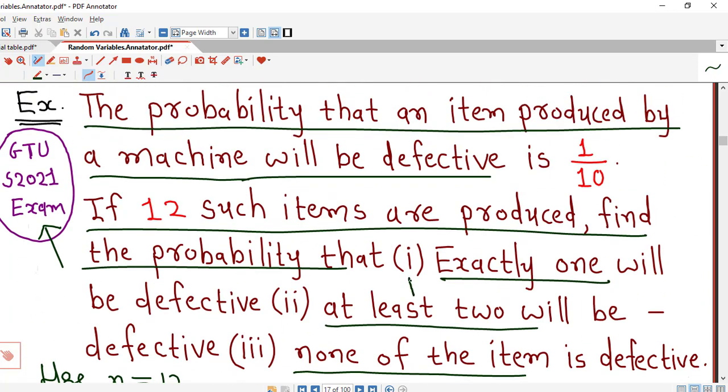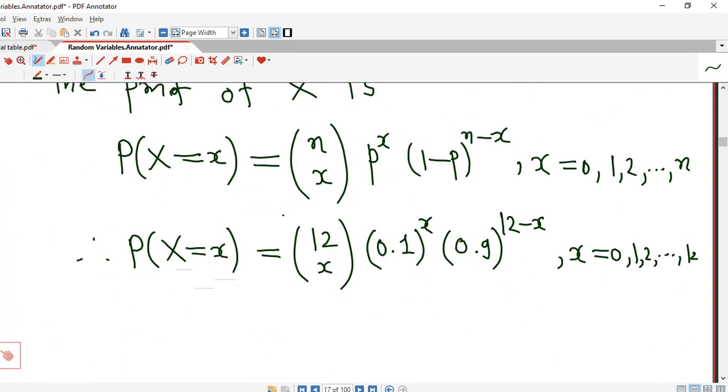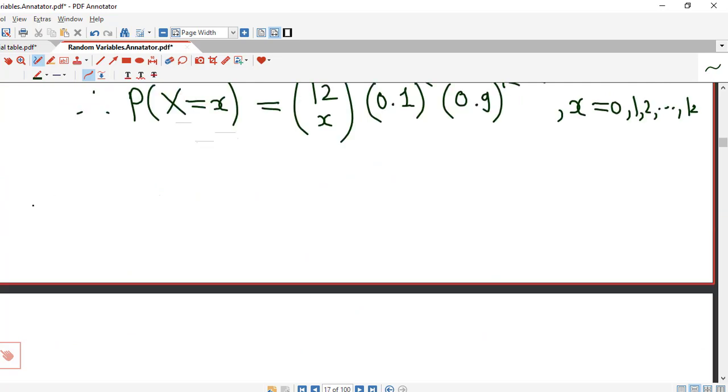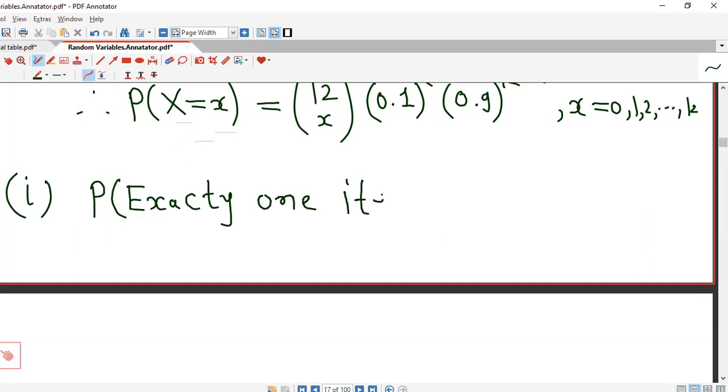So in the first part, we are asked to find out probability that exactly one item will be defective. So we try to find out all these things one by one. So probability that exactly one item will be defective, or probability of one defective item.